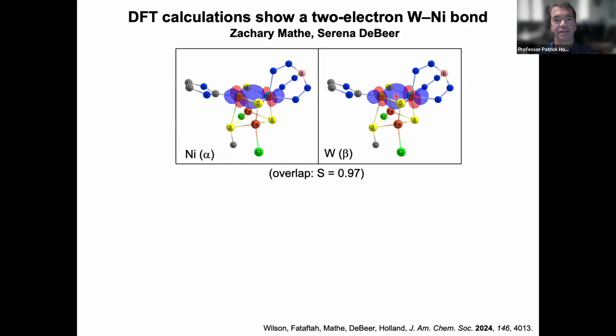What that indicates is that you can have a nickel 1 site that actually doesn't have much spin density on it, despite the fact that normally when we think of a d9 metal, we think that it's going to have spin density. Instead, this has a metal-metal bond, and so it can be nickel 1, yet without spin density on it.